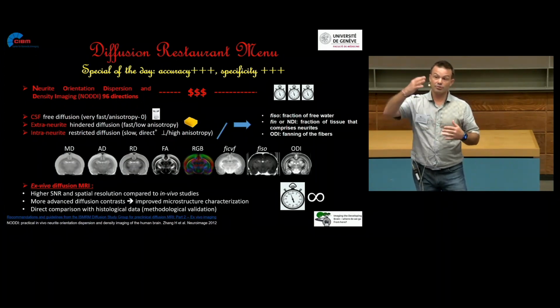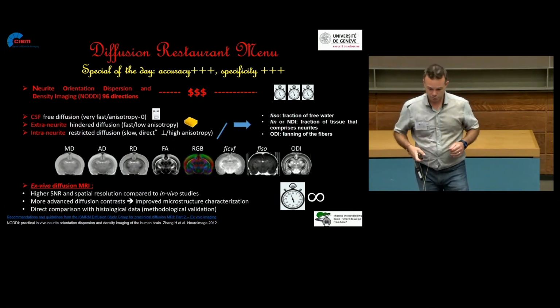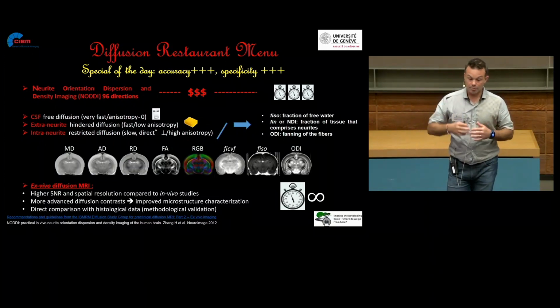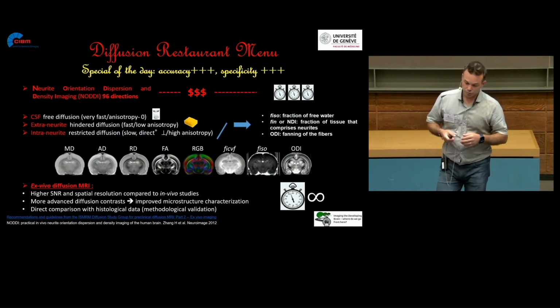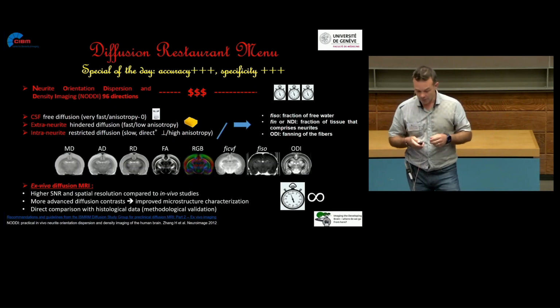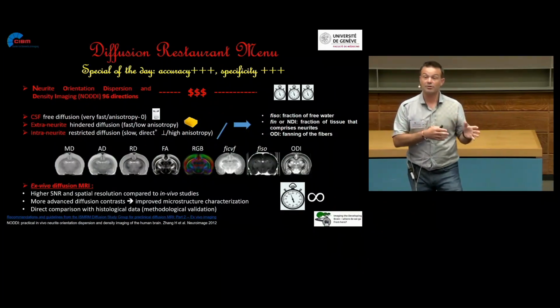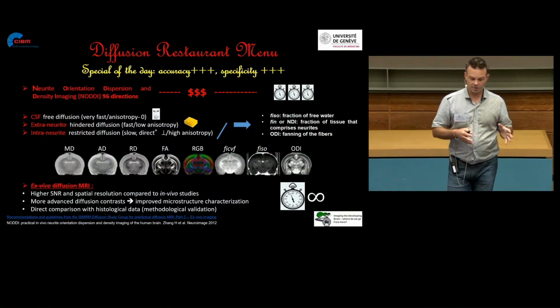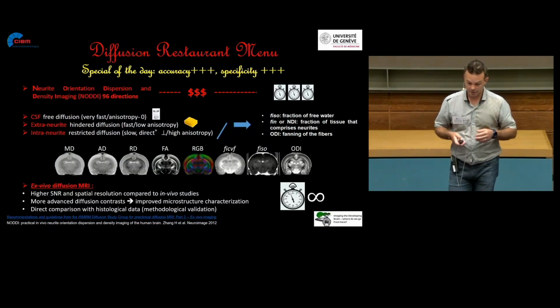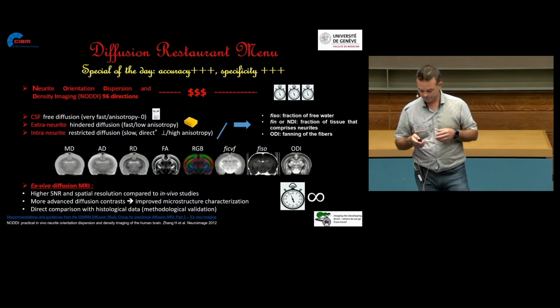When you increase your B value, you decrease the signal to noise ratio, so you need a lot of accumulation to keep a good signal to noise ratio. But you will also improve the microstructure characterization. And you can also have a direct comparison with your histological data, which can be interesting if you want to validate your model in terms of methodology.